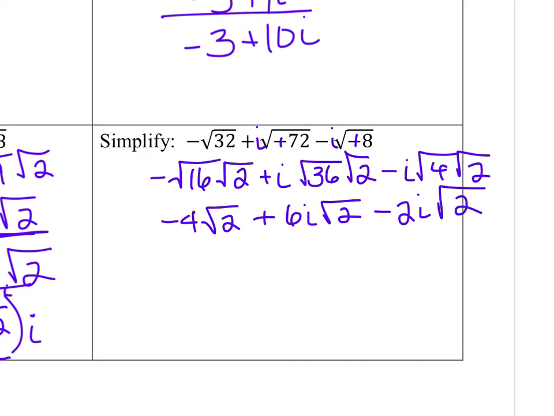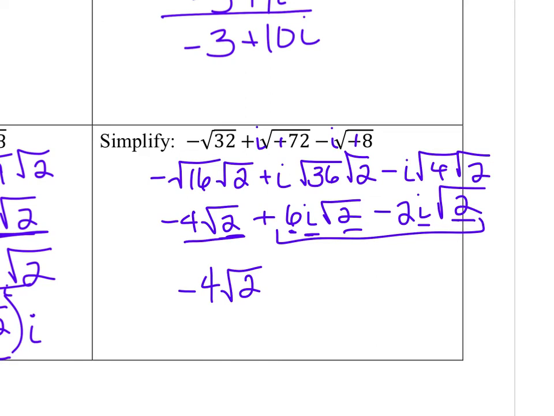Okay, now we can only combine like terms. This one does not have an i, but they do all have radical 2s. So you have to look at the radical and make sure all the radicals are the same. That's the only way you can combine them. But you also need the same i. So this has an i, this one has an i, so these two can be combined. This one cannot. So this stays negative 4 radical 2. This one here can be combined, so we're counting how many i radical 2s there are.